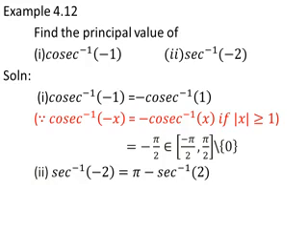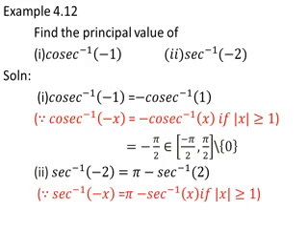Second subdivision. Secant inverse of minus 2 is equal to pi minus secant inverse of 2. How we are writing this is, here we are applying this property. Secant inverse of minus x can be written as pi minus secant inverse of x. That is, whenever we have a minus sign for secant inverse, cot inverse or cos inverse, we'll write pi minus.